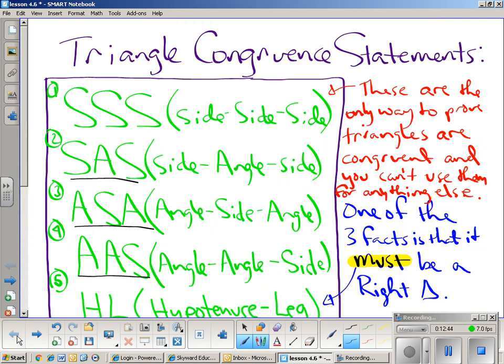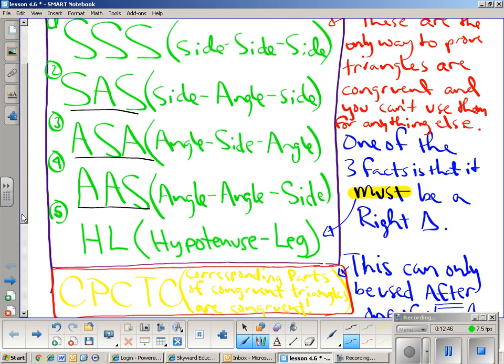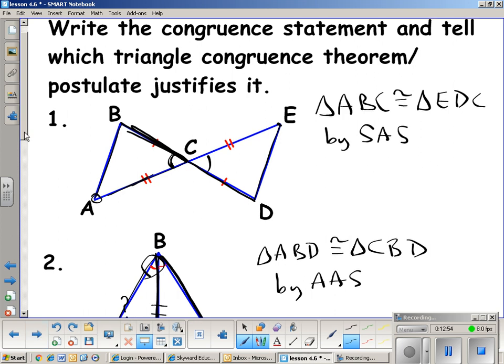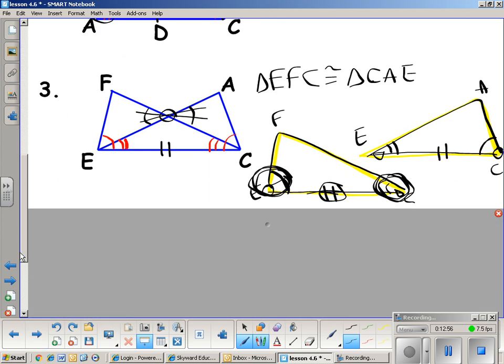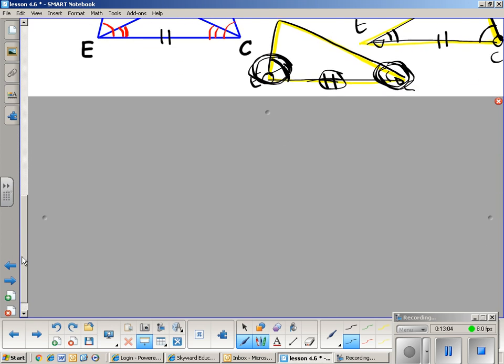So since the side is between the two angles, we're looking at angle, side, angle. Okay? And so the reason for this is angle, side, angle. All right? Good. You'll get it.